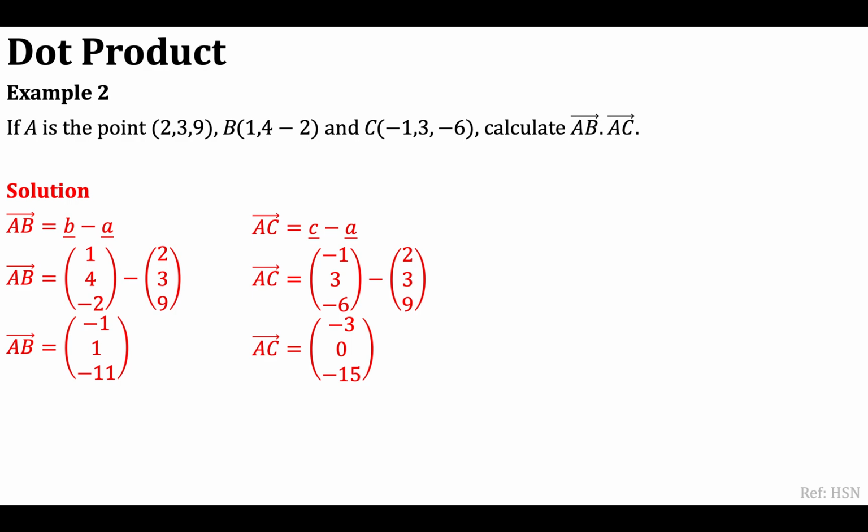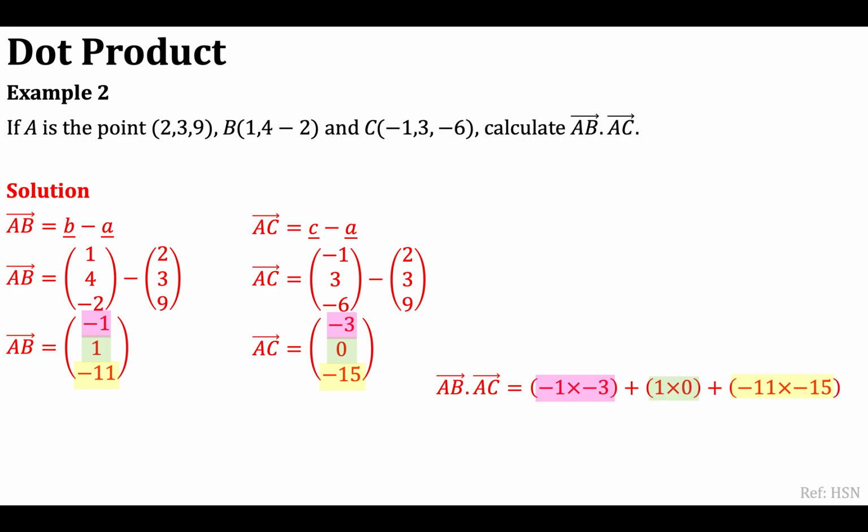We now have all the information we need to find the dot product. So AB dot AC is equal to, and remember we're combining the x components, we're finding the product of those, and summing that to the product of the y components, and summing that to the product of the z components.